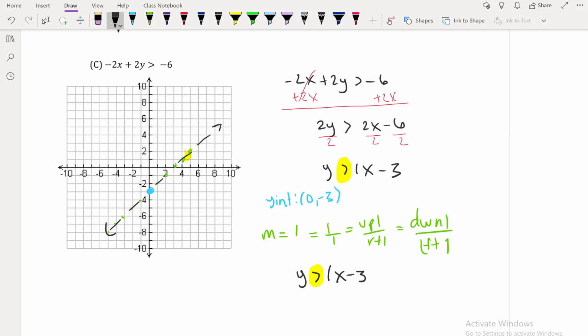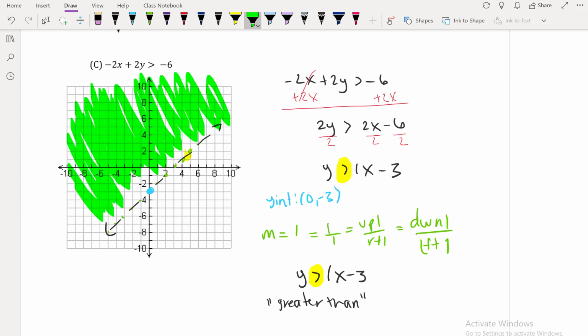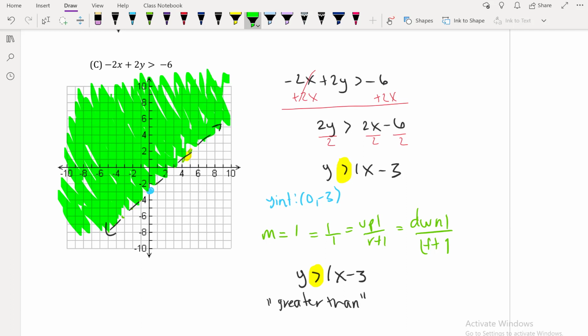And it tells me, since it's greater than, that I'm going to be shading above. So everything, not touching the line, but really close to the line. So that's the part that I'm going to be shading.